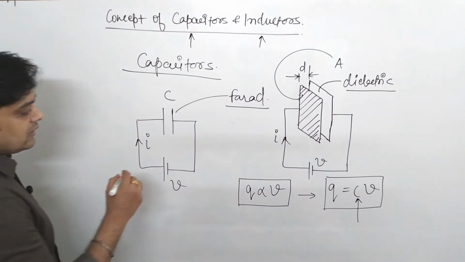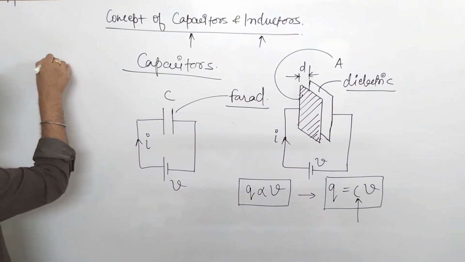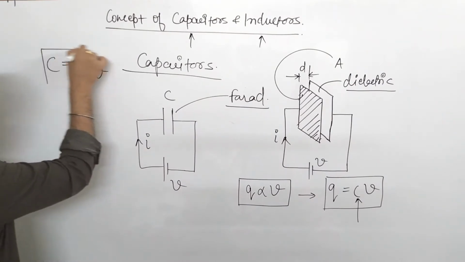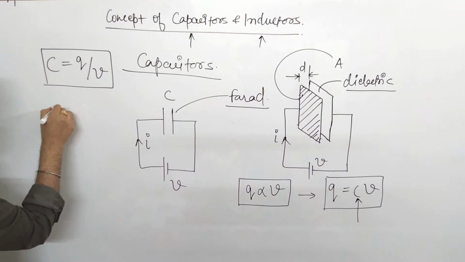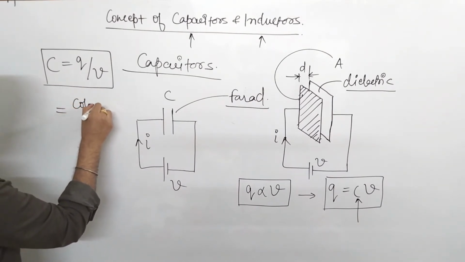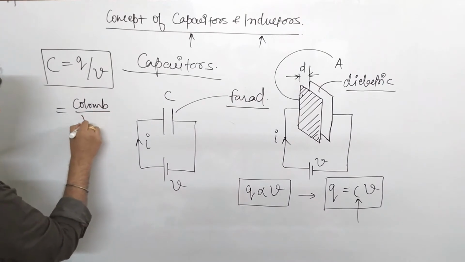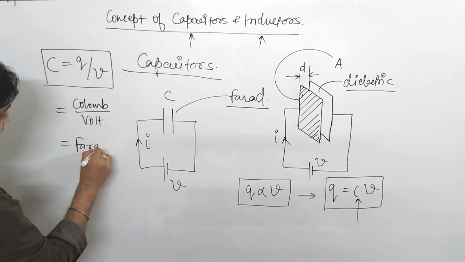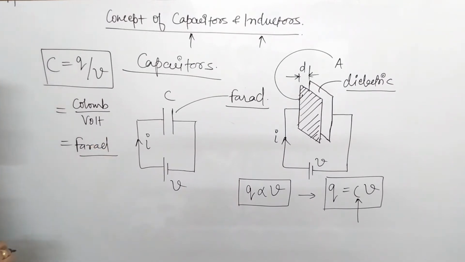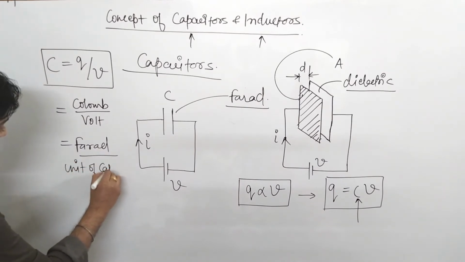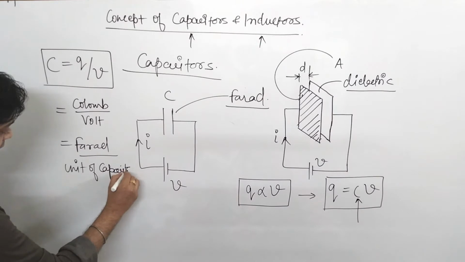So the value of C is equal to Q by V. The unit is coulomb per volt, and it is known as farad. This is the unit of capacitor.